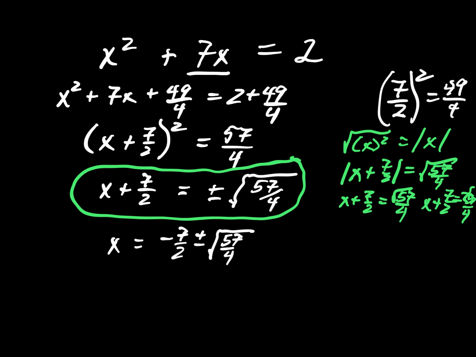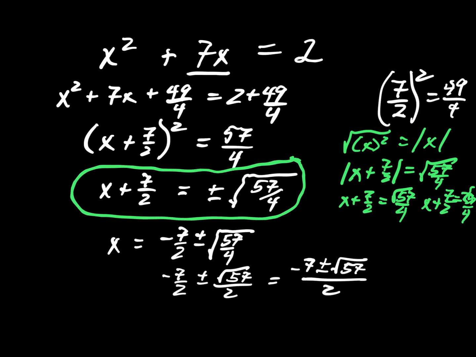And if you wish, the square root of 4 is 2, so it's negative 7 halves plus or minus the square root of 57 all over 2. Since these have a common denominator, it's negative 7 plus or minus square root of 57 all over 2. And so there's our first example.